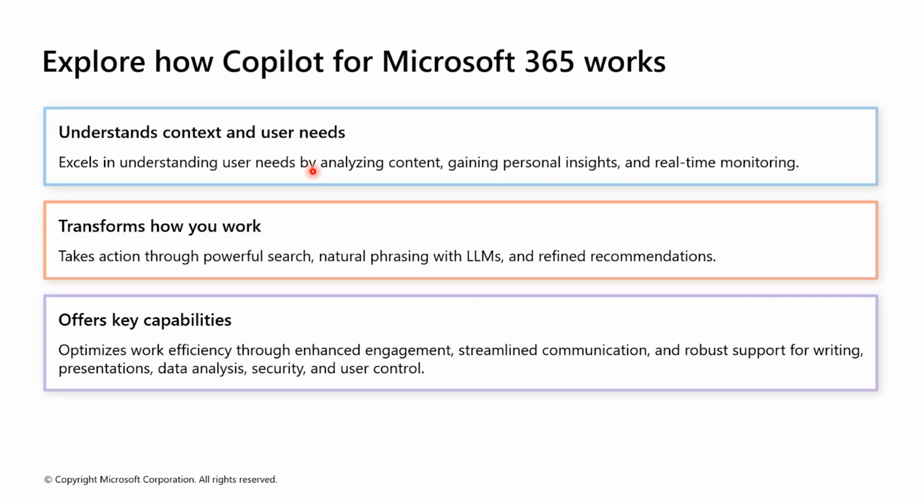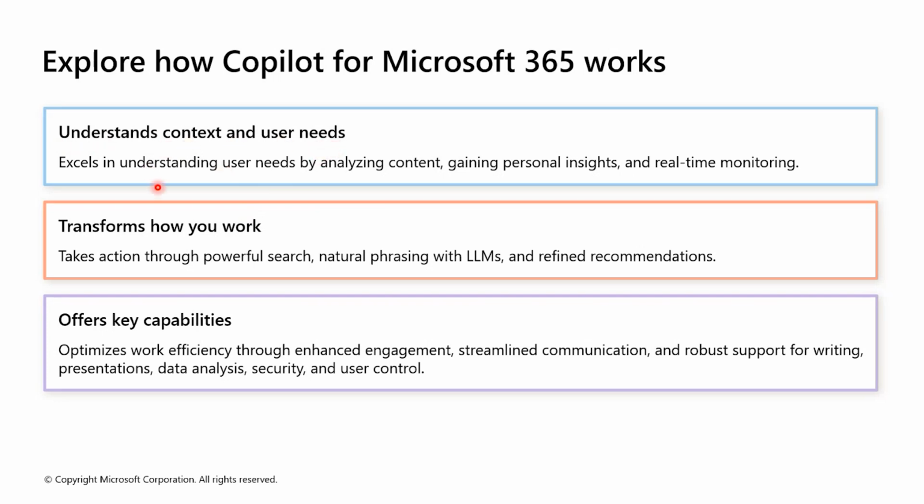Okay, so the mission is to save your time by generating new content, offering relevant suggestions, and boosting your productivity. Now, what sets Copilot apart is its deep understanding, right? As it is mentioned, it understands context and user needs.